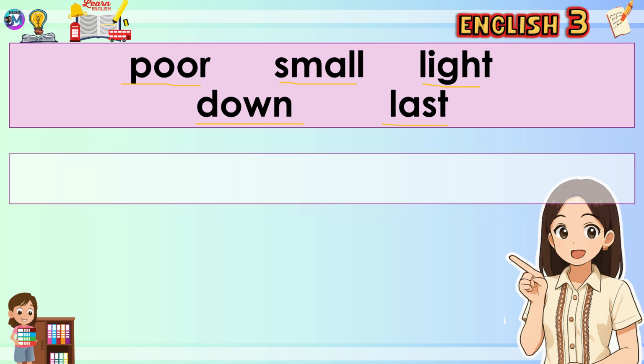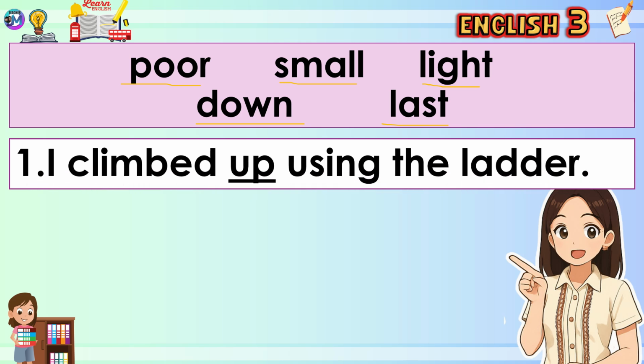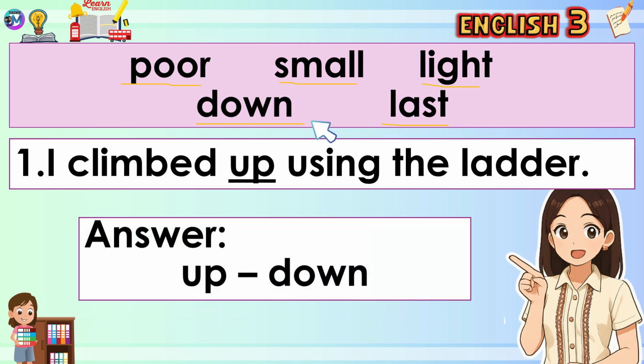For sentence number 1, I climbed up using the ladder. The underlined word is up. Which from the choices is the opposite of up? Great job! The answer is down. The antonym of up is down.